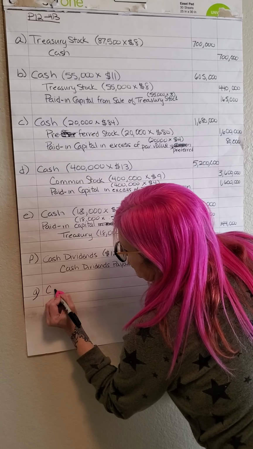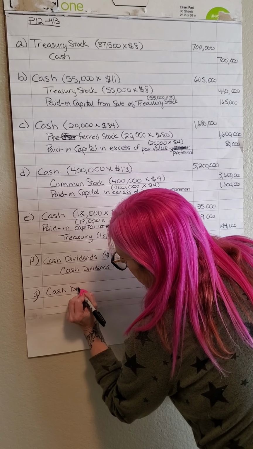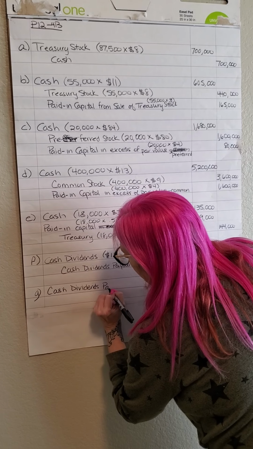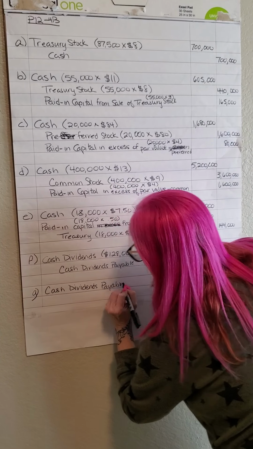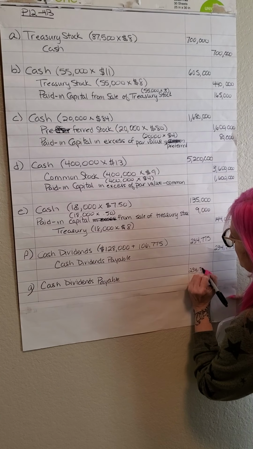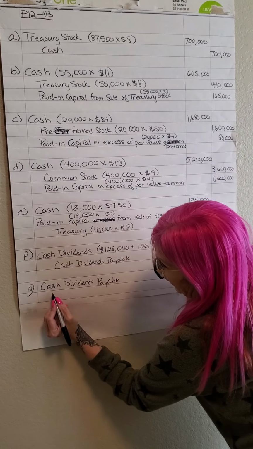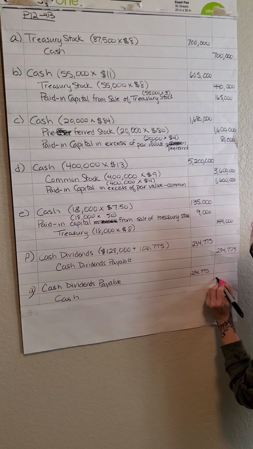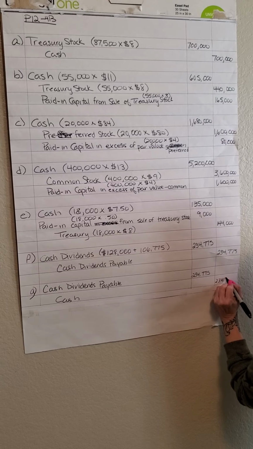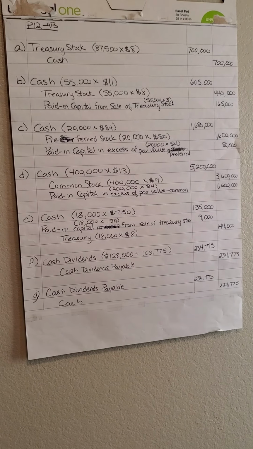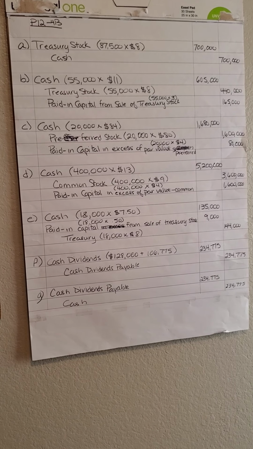So I'm going to debit cash dividends payable for the full amount of $234,775, and I'm going to credit cash for the payment of $234,775. And that's how we complete this problem.